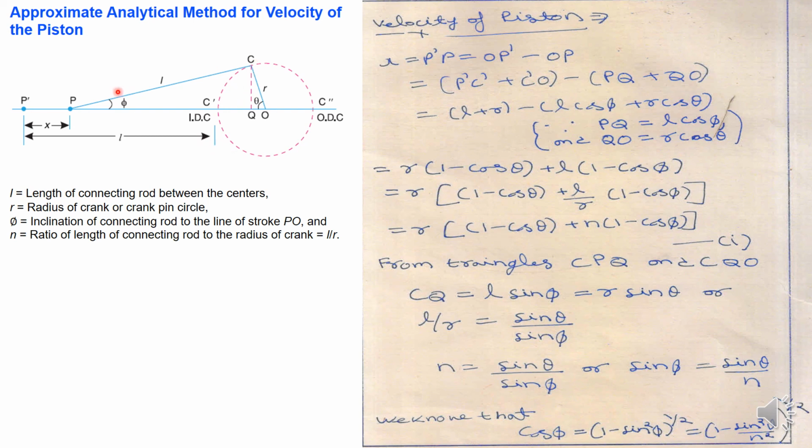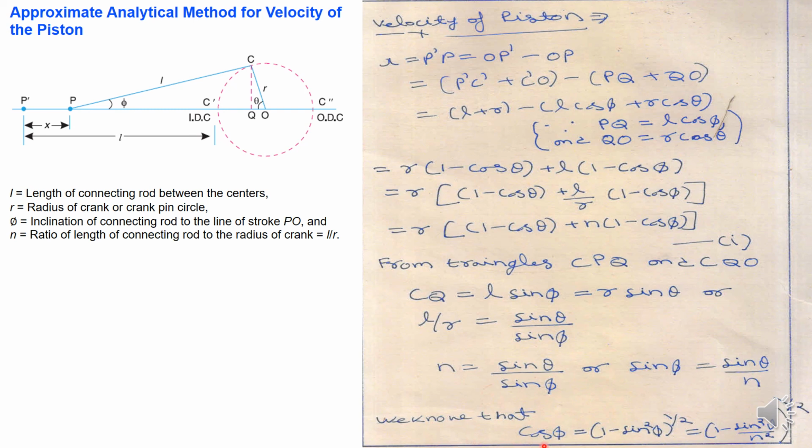Now from triangles CPQ and CQO, CQ is equal to L sin phi and also r sin theta, or we can write L by r, which is n, is equal to sin theta by sin phi, or sin phi is equal to sin theta by n.